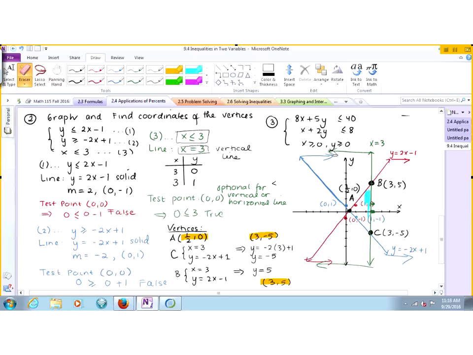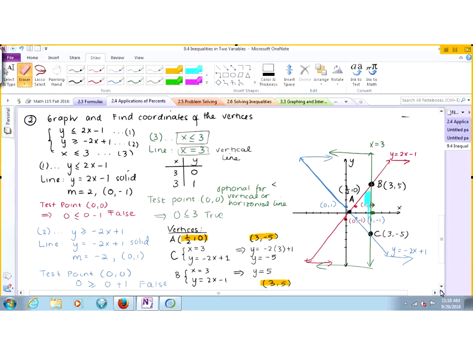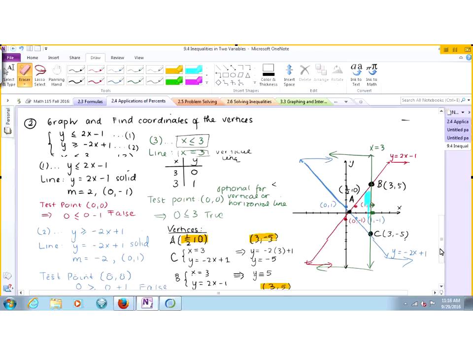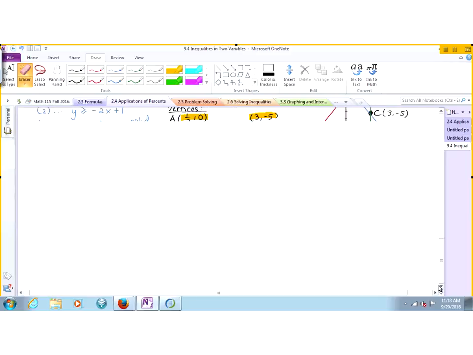Okay, good. All right, so now let's do this on a different page, right? Number 3. Should we do it, or you want to try it first? Oh, you already did try it? Okay. So what was the equation? 8x plus 5y is less than or equal to 40.